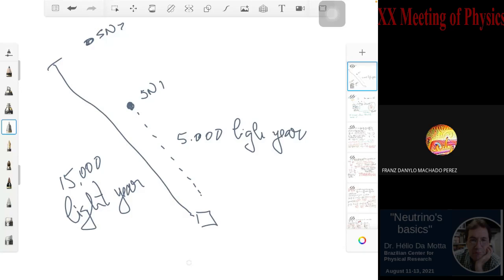If I see a supernova that's 5,000 light years away, it means that the supernova really burst 5,000 years ago, right? And this other one is 15,000 years ago.